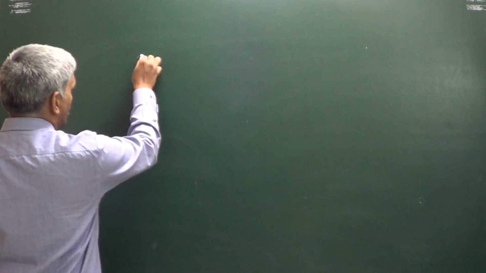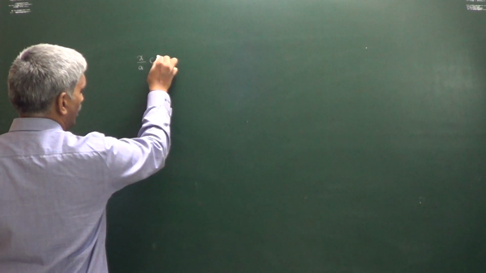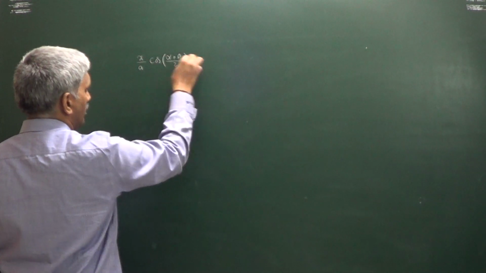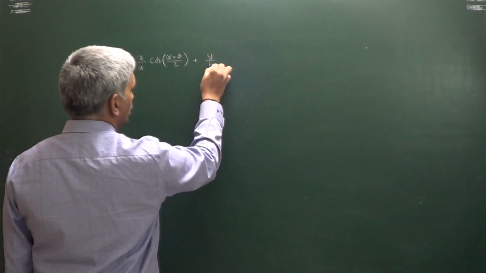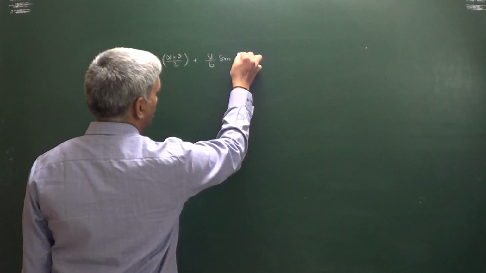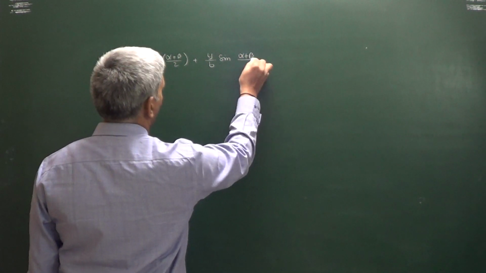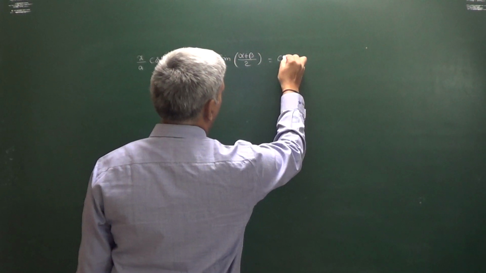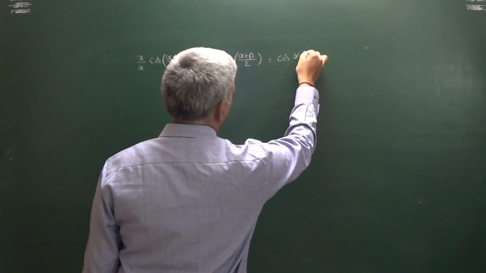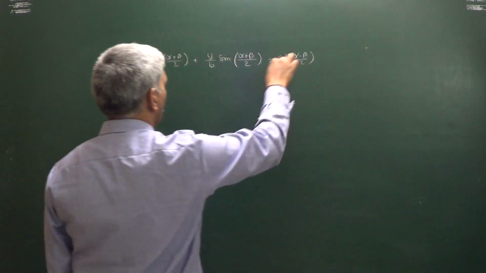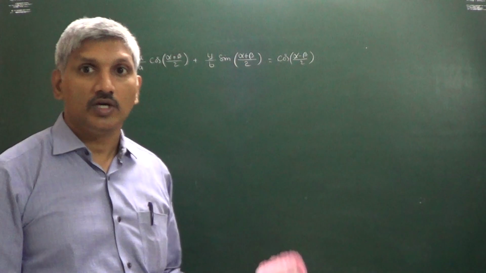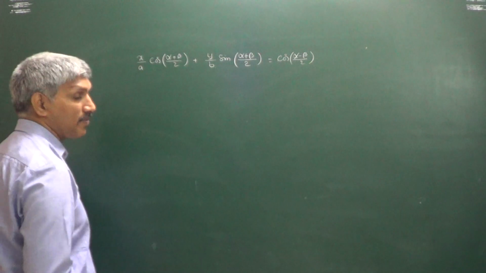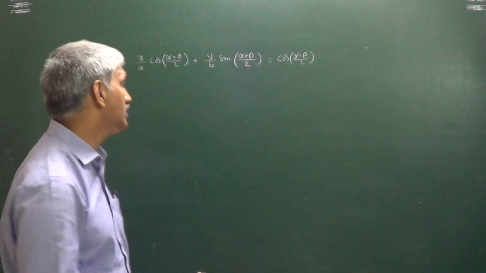As we discussed, x by a into cos of (alpha plus beta) by 2 plus y by b into sin of (alpha plus beta) by 2 is equal to cos of (alpha minus beta) by 2. So that is the equation of the chord. Suppose this chord is a focal chord. If this chord is a focal chord, it has to pass through (ae, 0).